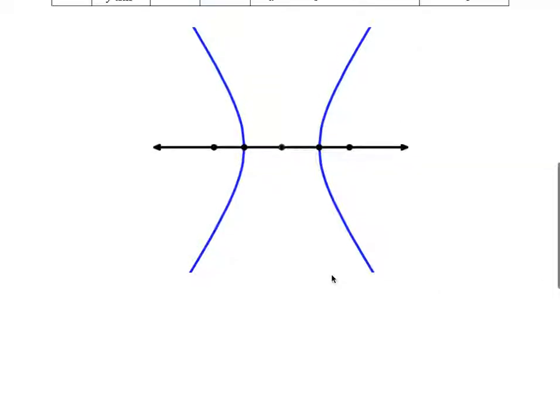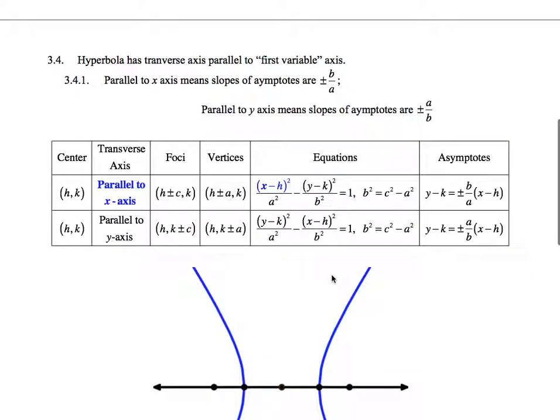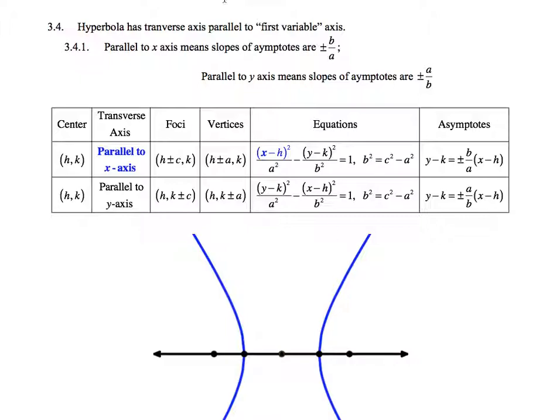And then one other thing to remember about hyperbolae and their figures is that when the transverse axis is parallel to the x-axis, the slopes of your asymptotes are going to be plus or minus b over a.